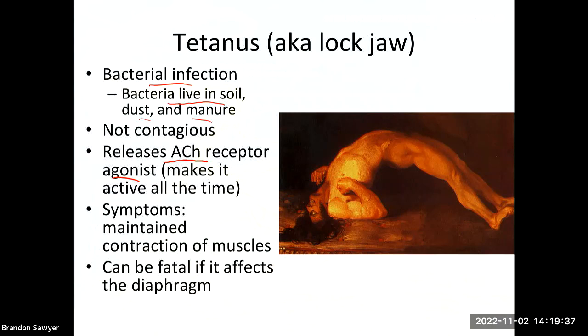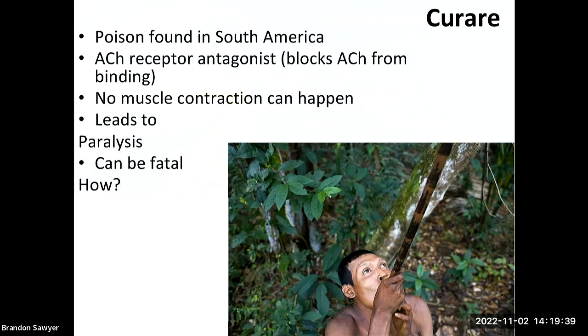So that's tetanus. Another one that's interesting is this chemical called curare. Okay, curare is a poison that is found on those little poisonous frogs in South America. These little poisonous dart frogs, native people from South America have used that for years to put on the end of their darts, to literally shoot an enemy and cause them to be paralyzed, right?